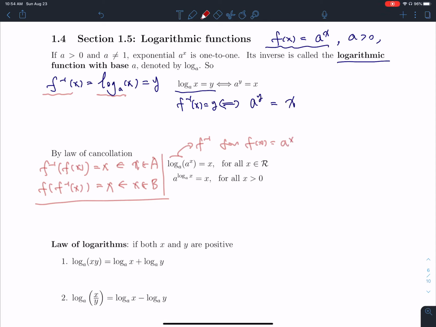All right, so now you can see this is the f of x, this is the f inverse of x, so that is why we have x as the output of the cancellation result.